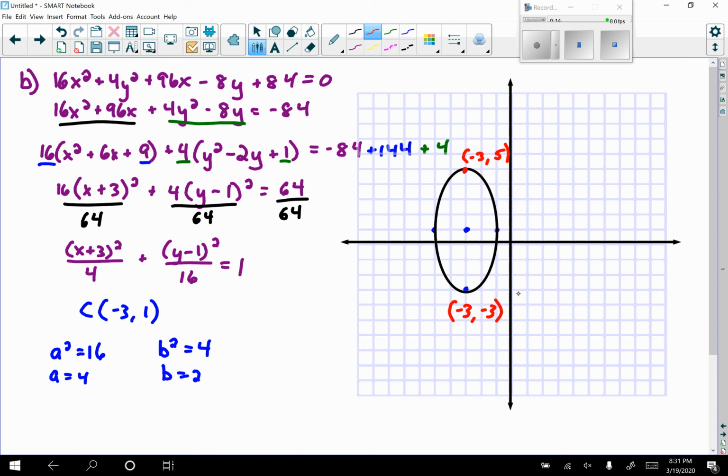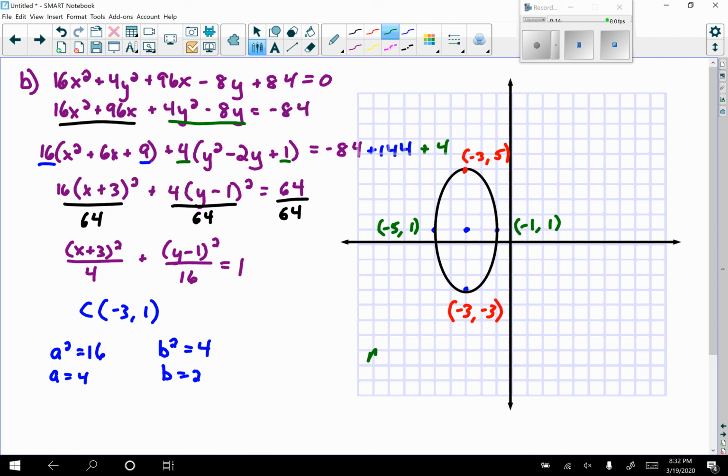So we could still calculate each one maybe without even trying to graph this. For the vertices of the minor axis, our y value of 1 is going to stay the same, but we're taking this negative 3 and we're adding 2 to it, so negative 3 plus 2 will give us a negative 1, and then the 1 stays the same. Over here we're taking negative 3 and we're subtracting 2 from it, so we're going to get a negative 5 and then a positive 1.